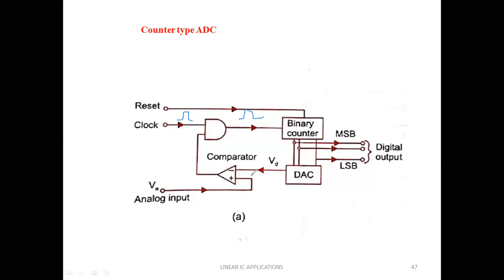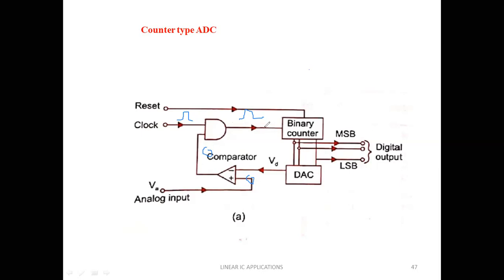When VA is less than VD, the output of the comparator becomes low, meaning 0. If it is 0, the AND gate is disabled. This stops the counting of pulses, at the time VA is less than or equal to VD. So this is the operation.